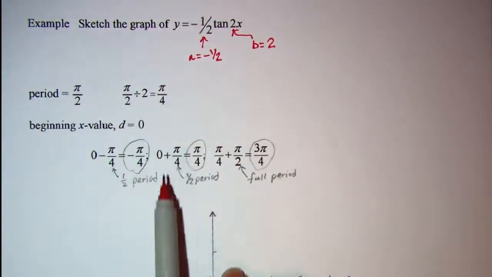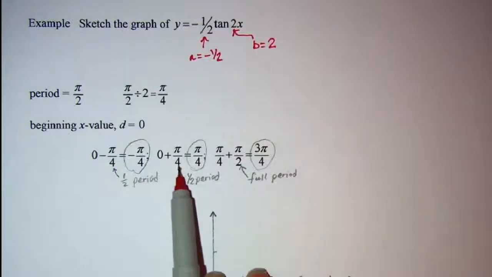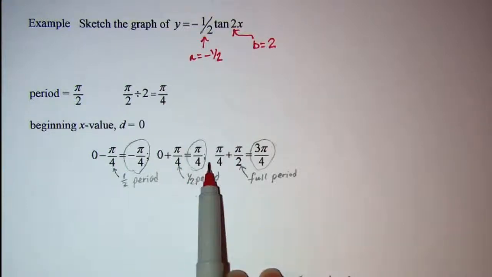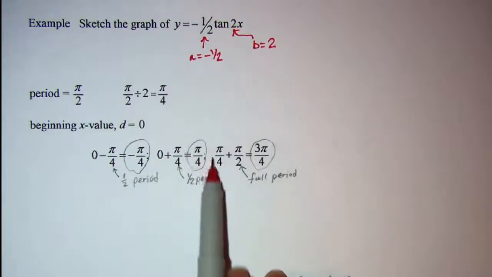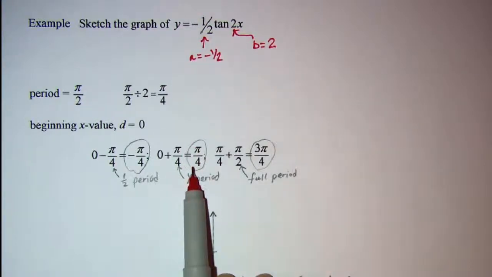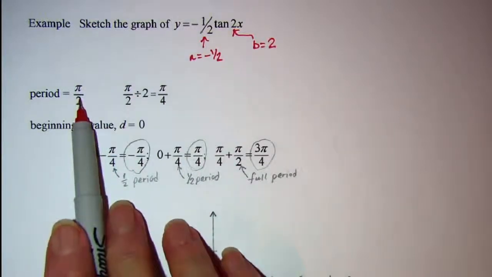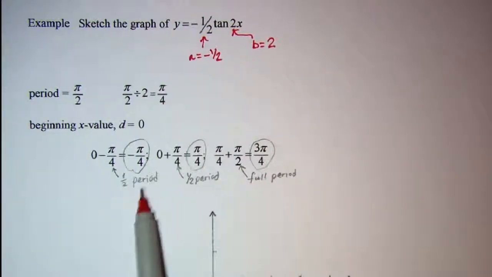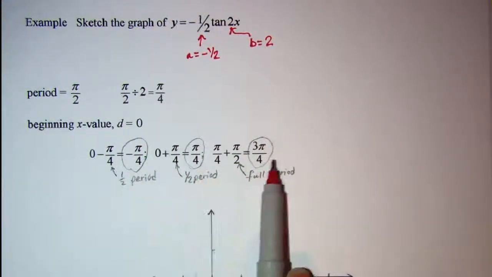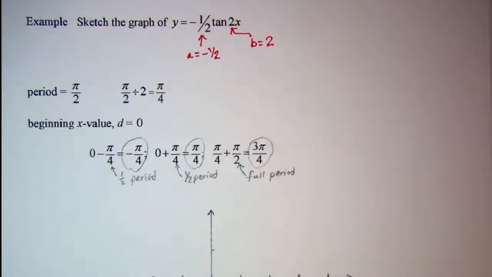And we take that 0 again and add half a period and get pi over 4. And then we take this pi over 4 and add a full period, pi over 2, to get another asymptote. So we'll draw asymptotes at these x values.